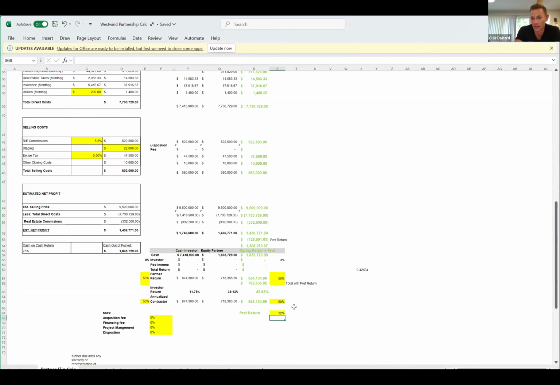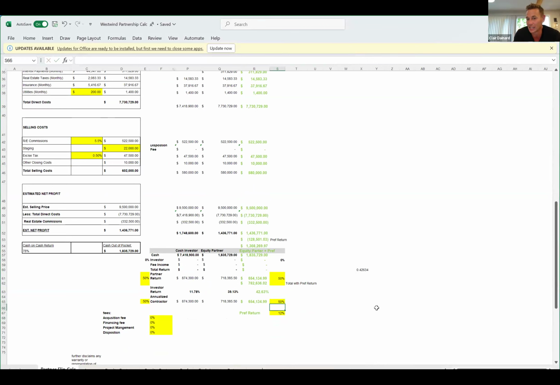Now, if I gave away 30% and I didn't charge the pref, let's play with this. I'm making 782 at 50% and a 12% pref. If I give away 30%, I'm making, let me do this one more time.